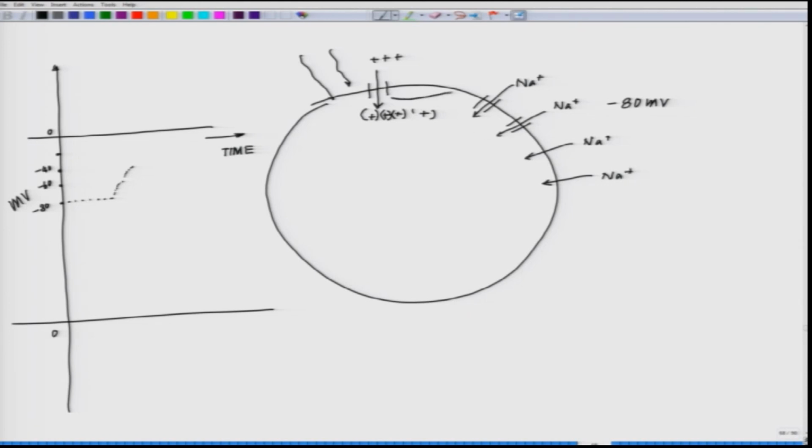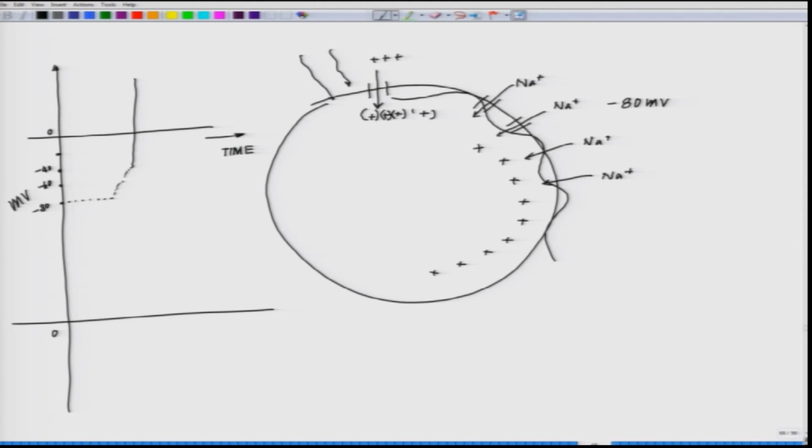It is almost like a wave or a cascade which happens. And then what you see, there is an overshoot at this point like this, because the inside becomes too positive. There are too many positives which come in. So, that lets it overshoot inside.